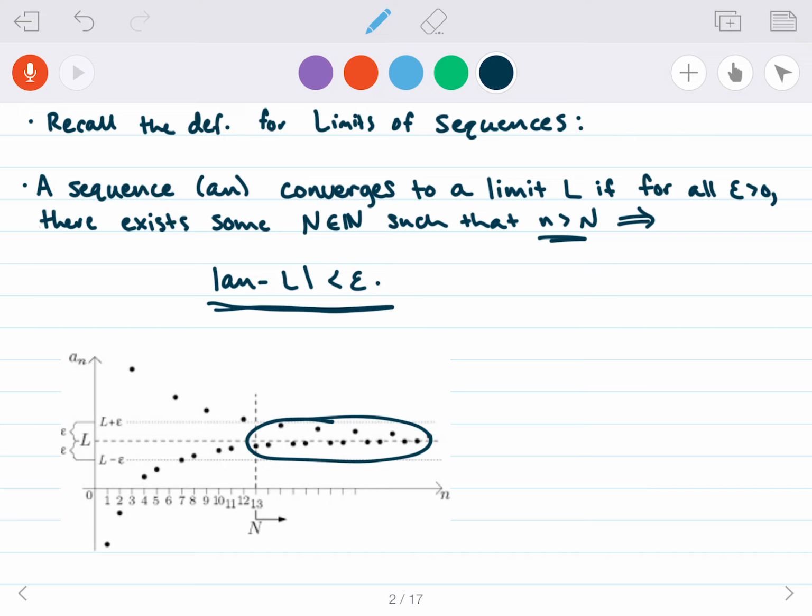And remember, the epsilon neighborhood is anything between L minus epsilon and L plus epsilon. Okay, so we can see from our picture here that the sequence is going to converge because after capital N, all of these terms are going to stay in that neighborhood.